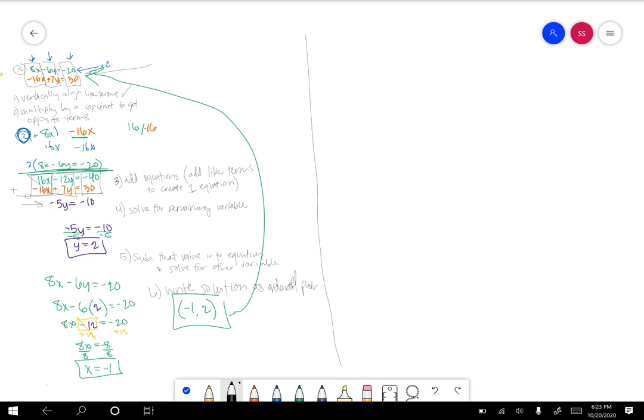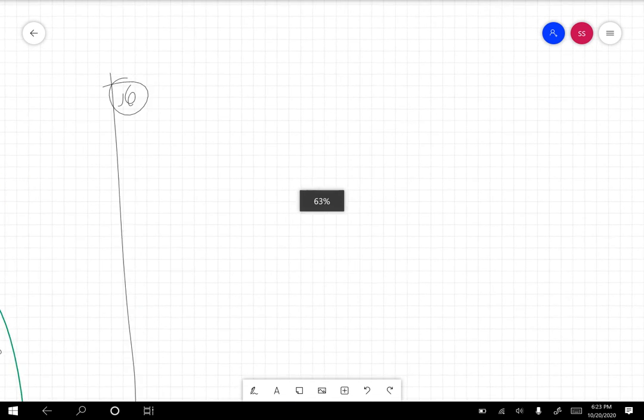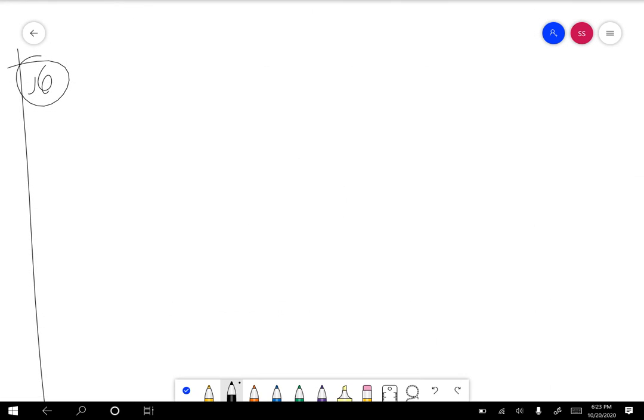So it's number 16. Let's do a blue equation. Okay. Let's write our two equations out. 6x minus 12y equals 24. And our second equation, let's do red.